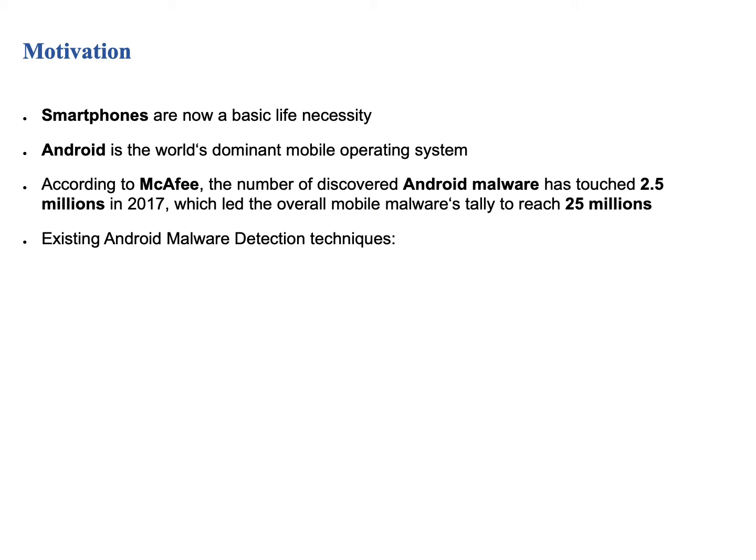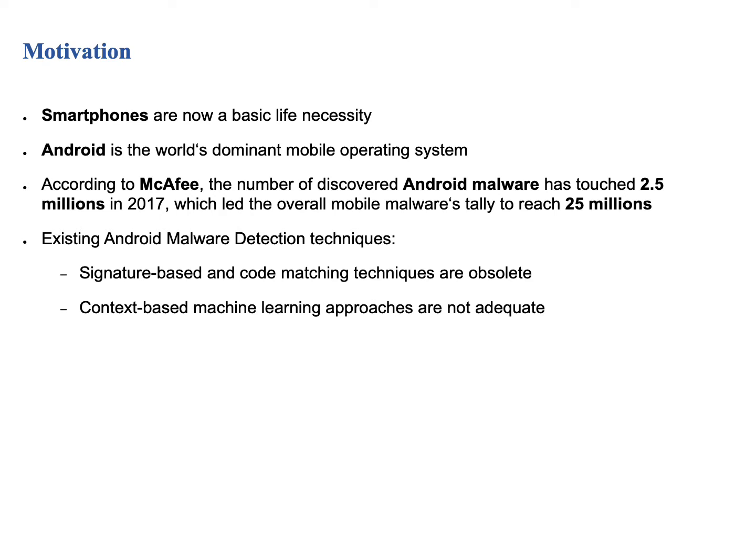Of course, this is a big topic, especially for information security, and there are two different directions for detecting Android malware. The first is the very traditional signature-based way, and the other is the machine learning-based way.